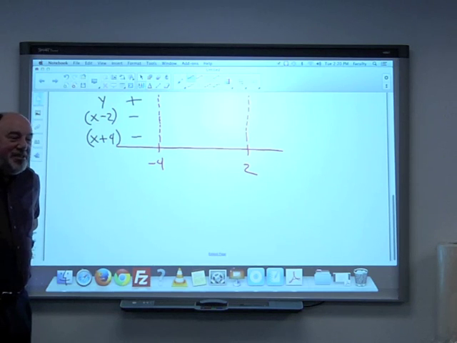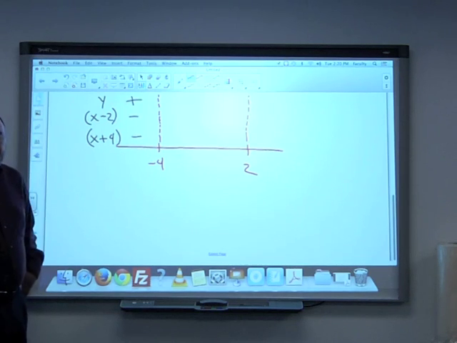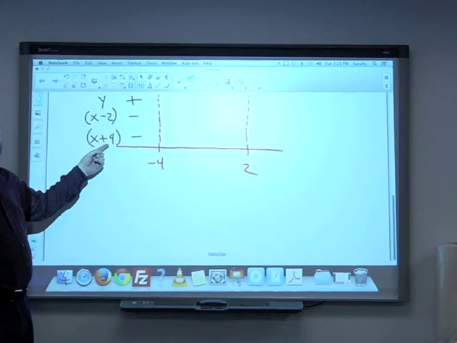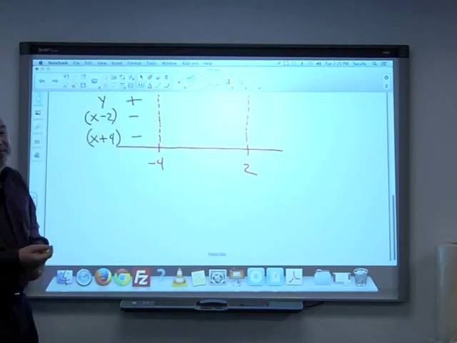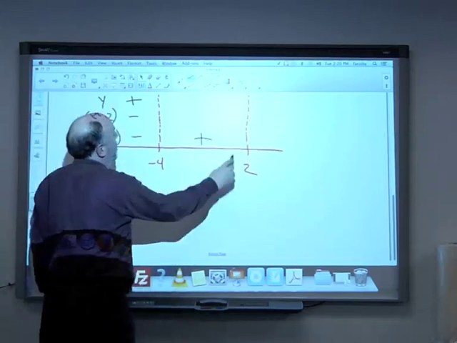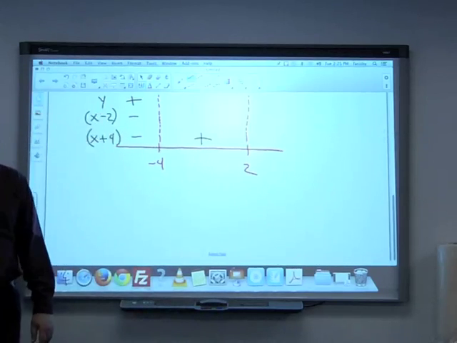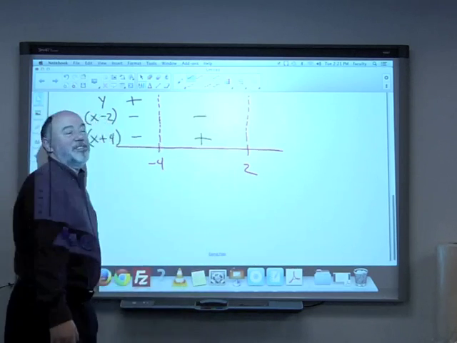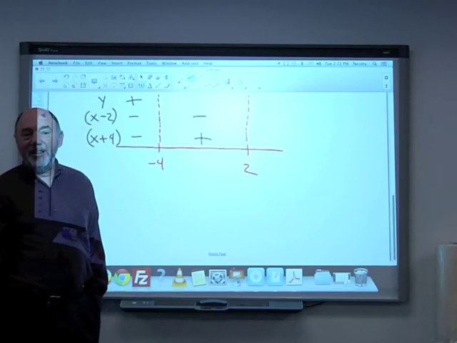All right. If x is a number in between -4 and 2, so let's pick the easiest number that's in that range, which is 0. Well, what's the sign of x plus 4 going to be? It'll be positive, right? I don't care what the number is, I just worry about the sign. What about x minus 2? Positive or negative? It'll be negative. A positive times a negative is a negative.